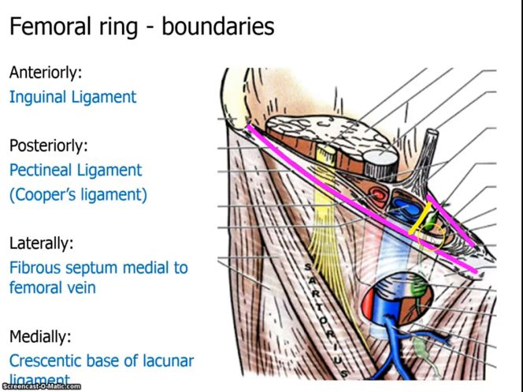These are the boundaries of the femoral ring. As I said before, structures in the abdomen can pass through this femoral ring, and then it is called a femoral hernia. So this is the lacunar ligament, and this is the femoral ring with its boundaries.